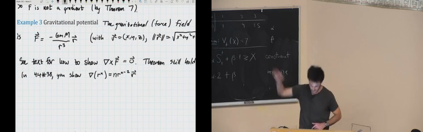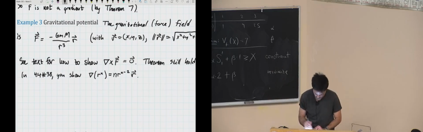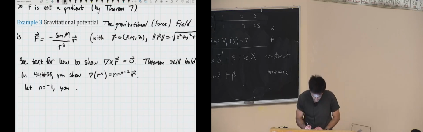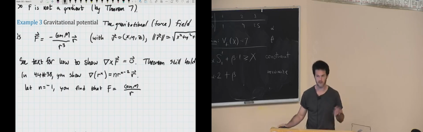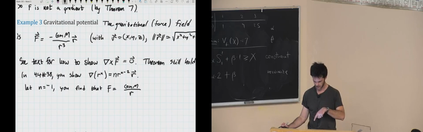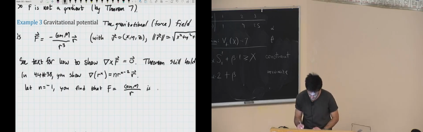Oh, okay, so this should all be familiar now. If you let n equal -1, that basically gives you the solution here, right? So you find that f is equal to, do we have a minus sign? G m m over r. Minus sign, I'm going to get a minus. Yeah, okay, that is our potential, the gravitational potential.